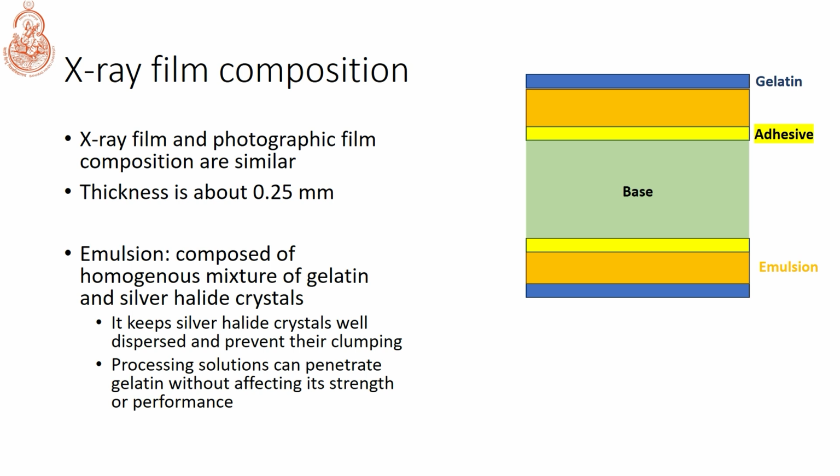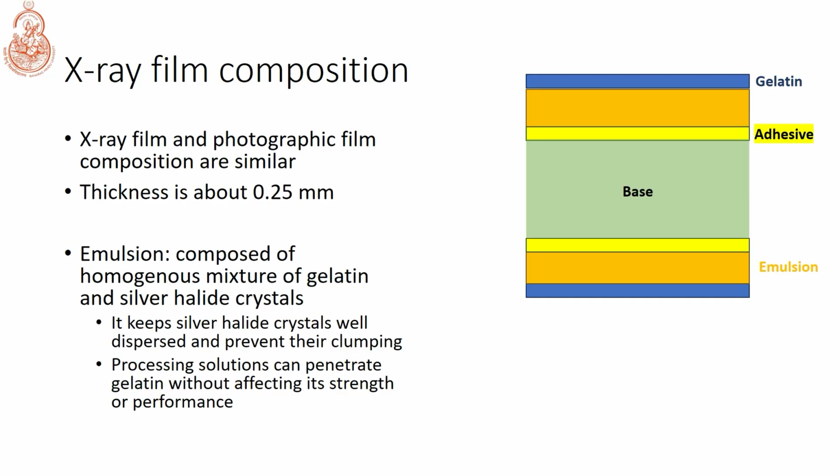Out of this, the most important part for image formation during a radiographic projection is the emulsion portion of the X-ray film. This emulsion portion contains a homogeneous mixture of gelatin and silver halide crystals.